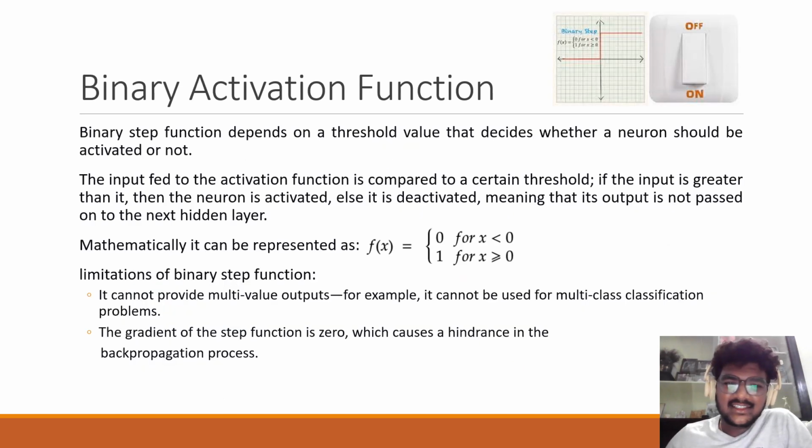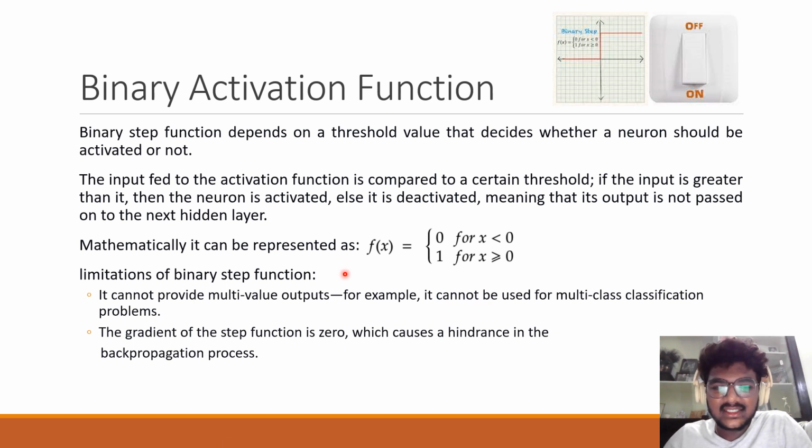So, the binary step activation function. This is one of the simplest kinds of activation function. In this, we consider a threshold value, and if the value of the net input, say y, is greater than the threshold, then the neuron is activated.